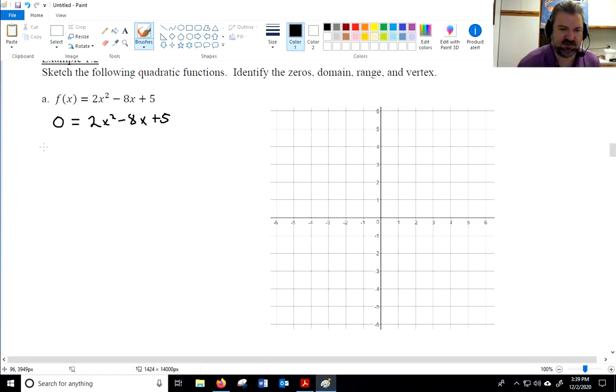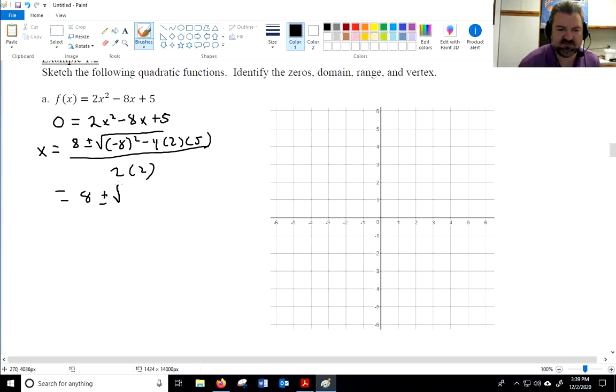We better use the quadratic formula. x equals opposite b plus or minus the square root of b squared minus 4ac all over 2a. All right. So that's 8 plus or minus the square root of 64 minus 40 is 24 over 4.